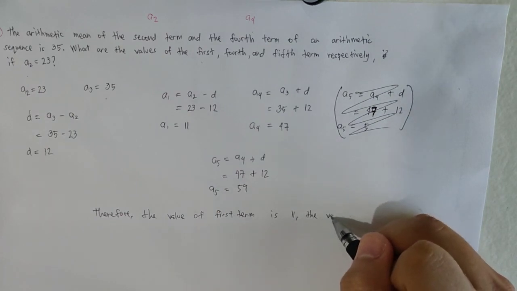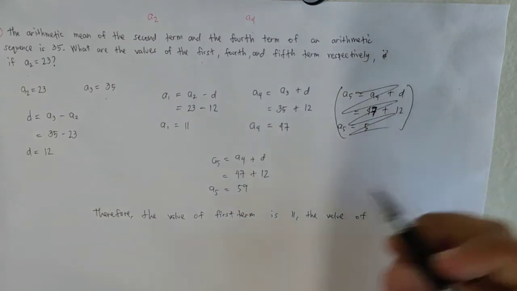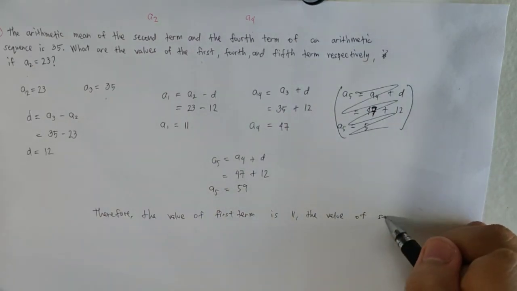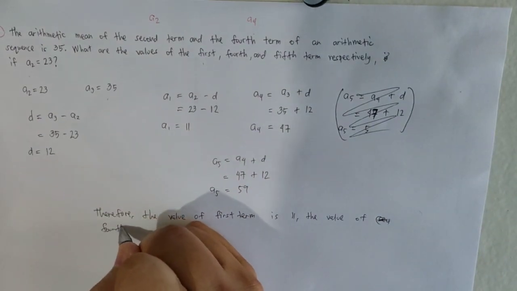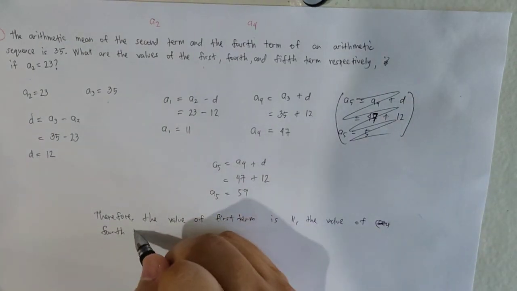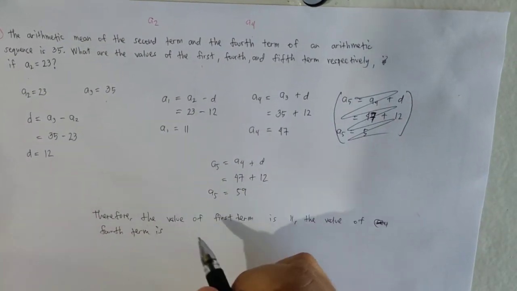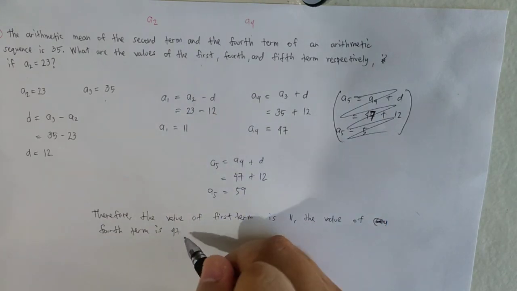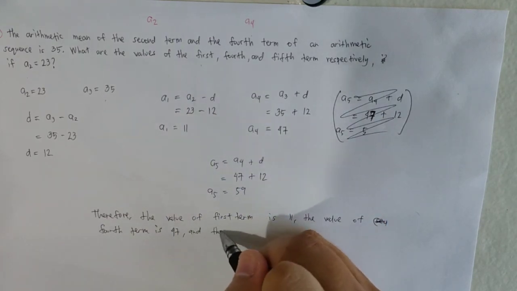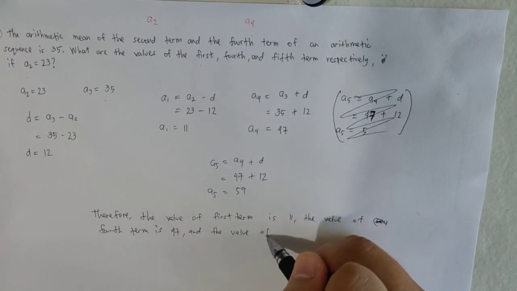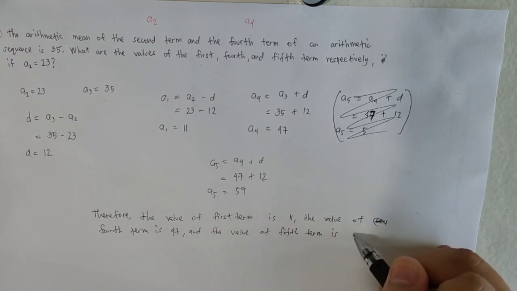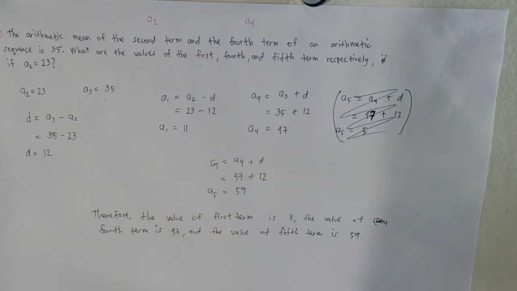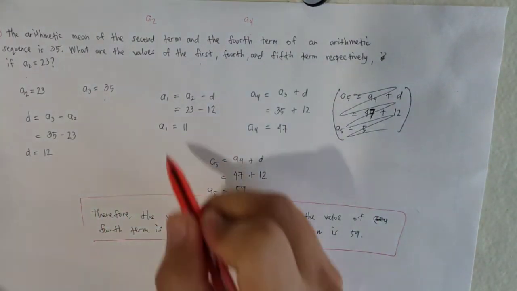The value of fourth term is 47, and the value of fifth term is 59. So, pwede ito yung sagot natin. Or pwedeng ganito lang din.